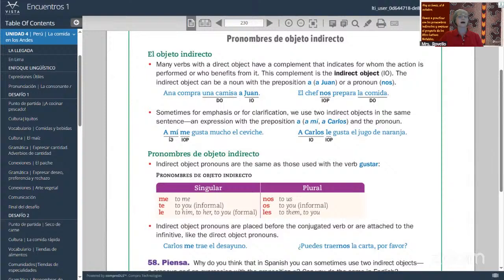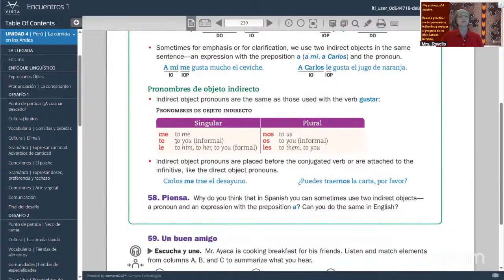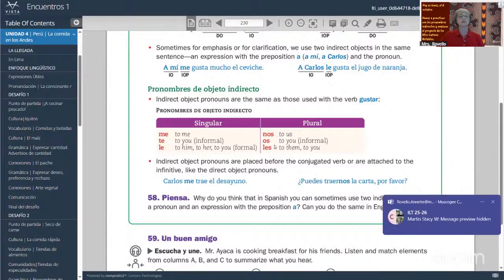For example, a mí me gusta, okay? A Carlos le gusta. So they repeat the indirect object and the indirect object pronoun for emphasis, okay? Here they are again. Me, te, le, nos, and les. We're not going to worry about the vosotros form.